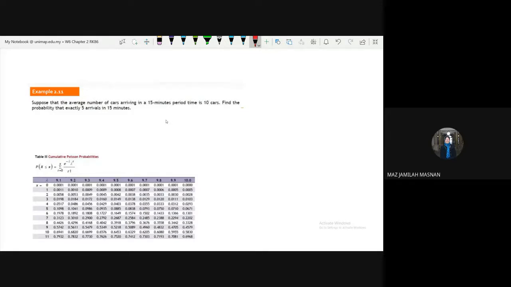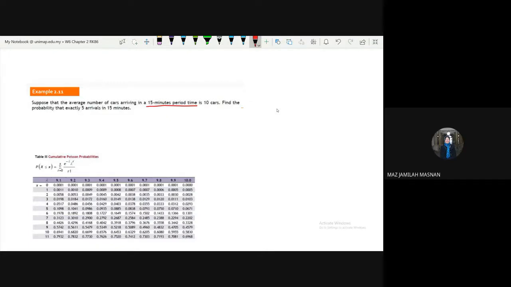Sometimes it will be a bit confusing, but never mind. The easiest way to identify Poisson is the time interval given. So in this case, we are talking about an interval of 15 minutes.